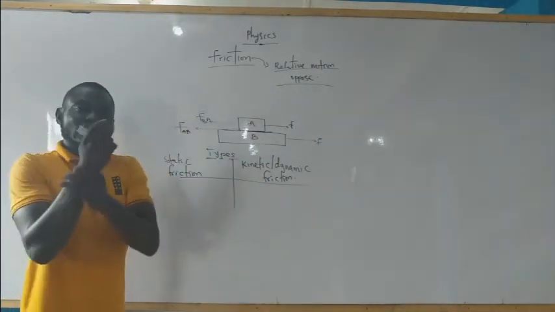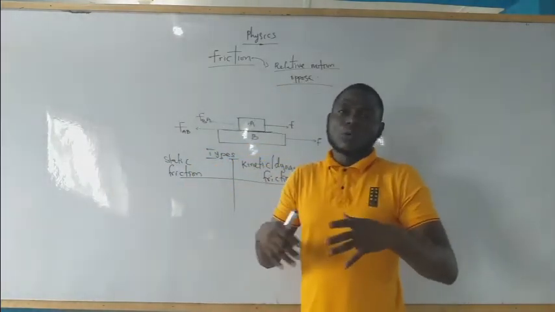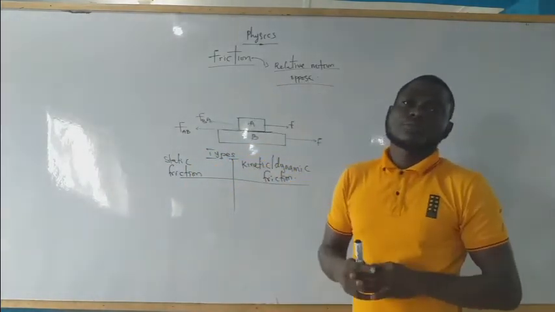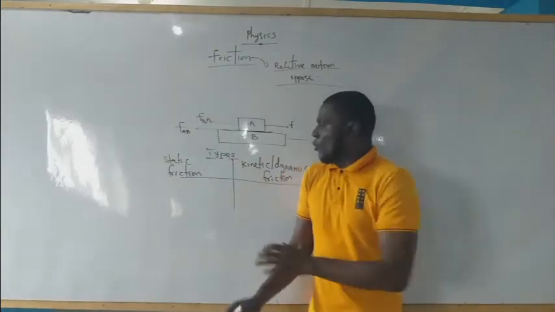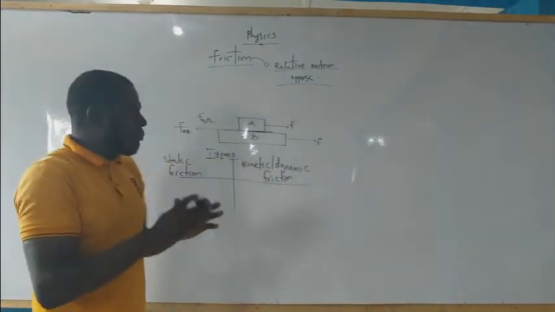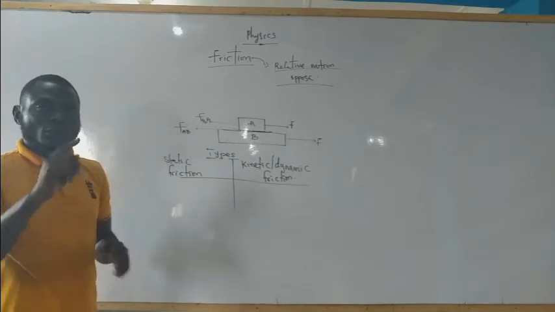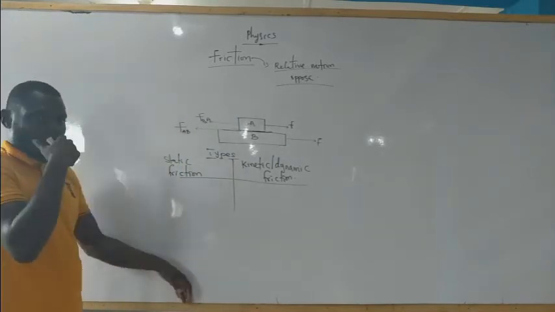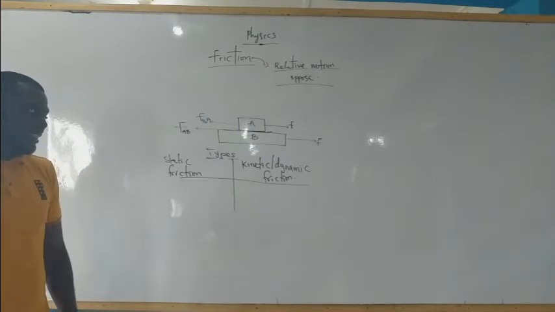When you say kinetic, it has to do with when a body is in motion. When a body is moving, that is kinetic. When you say static, that is friction at rest, when a body is not moving. That is static.